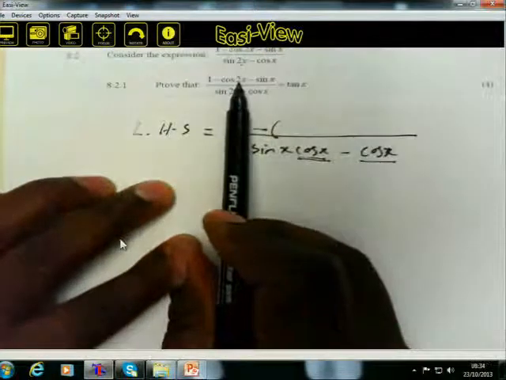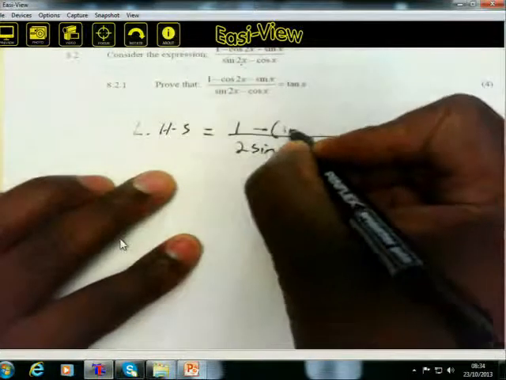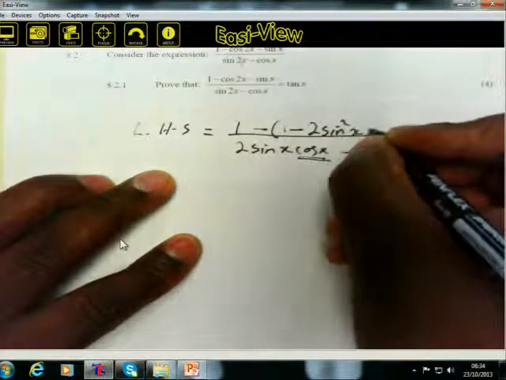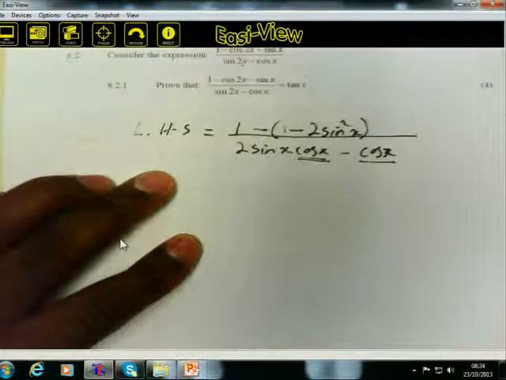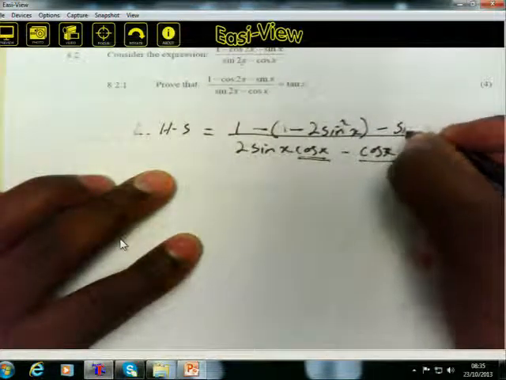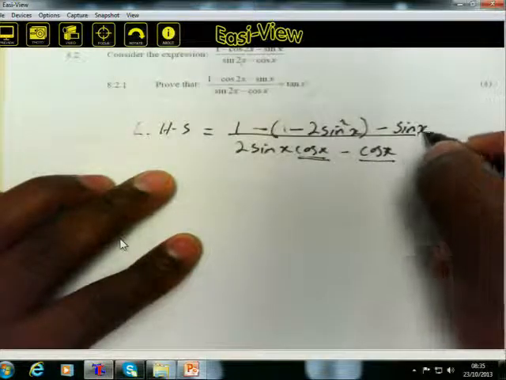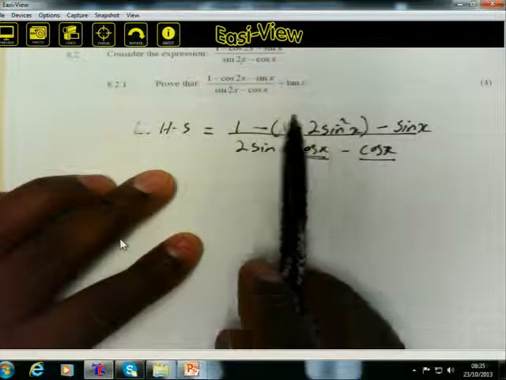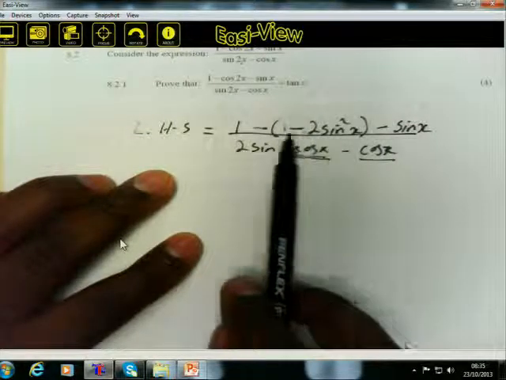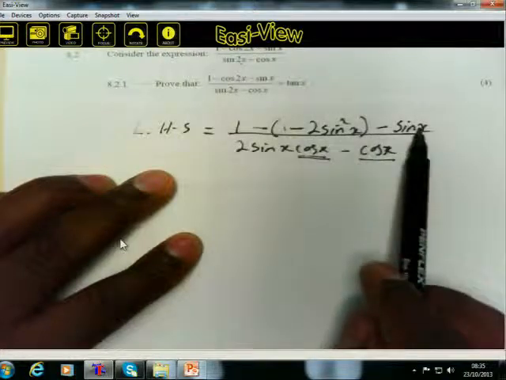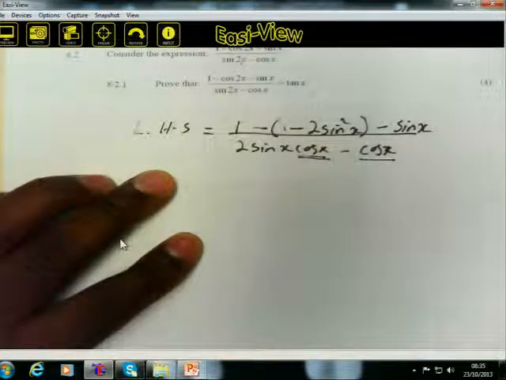The cos of 2x can be expressed as 1 minus 2 sine squared x, close the brackets, and then minus sine x. This one seems to be more appropriate, 1 minus 2 sine squared x for cos 2x, because once we remove the brackets, we'll be able to take out sine as a common factor.